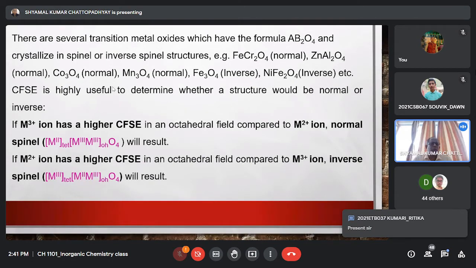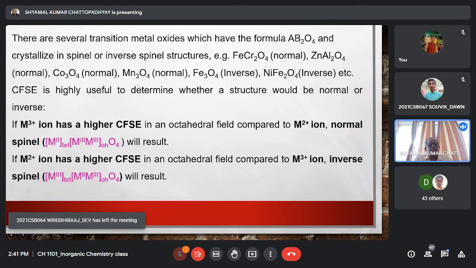So low spin cobalt has huge CFSE compared to cobalt 2, the D7. As a result, in Co3O4, which is actually 1 cobaltous ion and 2 cobaltic ions, cobalt 3, because of its very high CFSE compared to the cobalt 2 ion, will remain in the octahedral hole, so it has a normal spinel structure.